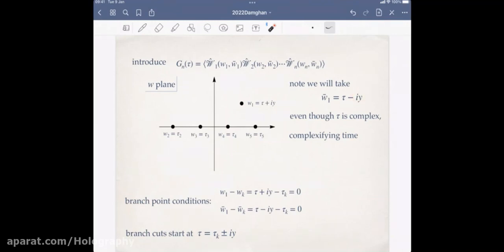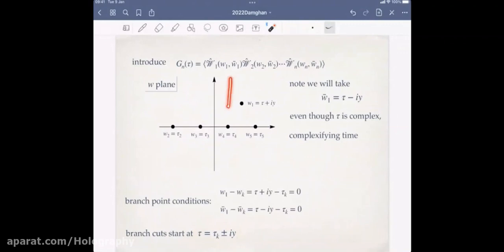At any rate, we go through this argument and we're going to find branch cuts whenever these insertions get close to each other. So in particular, when W1 minus WK is 0, which is equivalent to tau plus iy minus tau K equals 0, which means I'm going to have branch cuts whenever tau is tau K plus or minus iy. Okay?